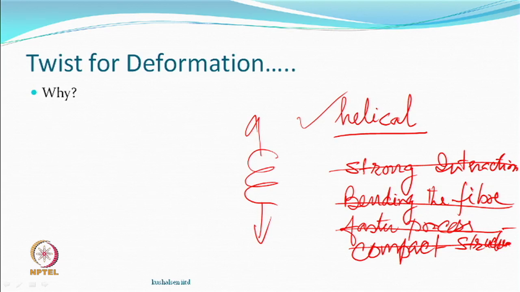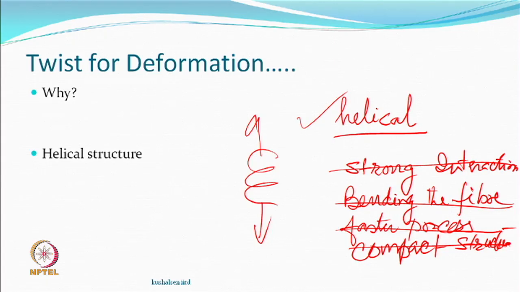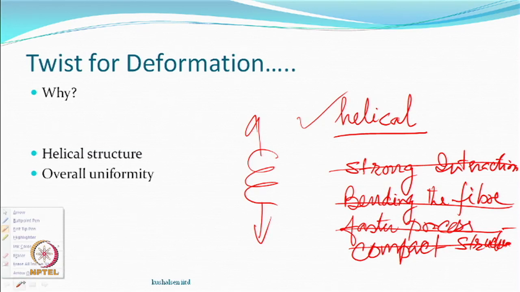So, if I say that twisting gives me an opportunity to give uniform deformation, would you agree? Helical structure, overall uniformity. Is this statement correct, or do you think this statement is also wrong?